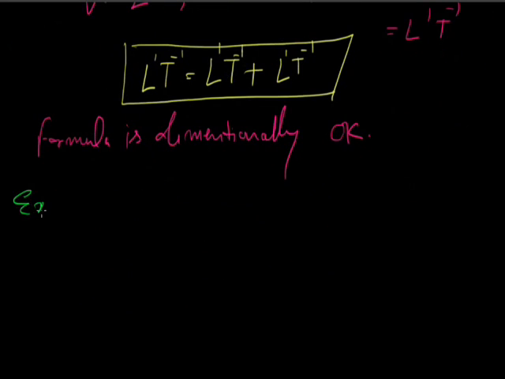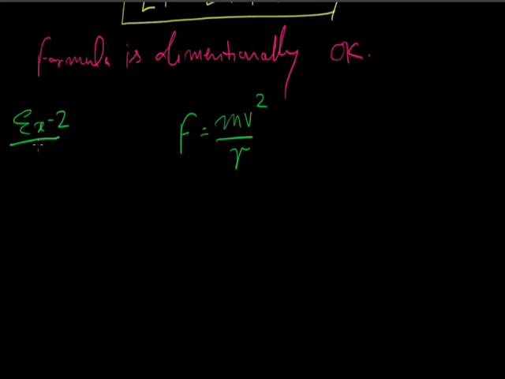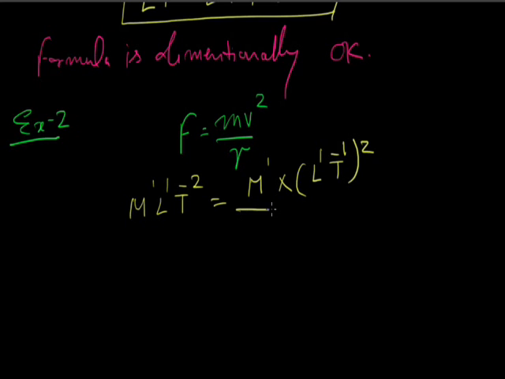Example 2: let centripetal force F is equal to mv square upon r. The dimensional formula of F is m1 L1 T minus 2. Dimension of m is m1. Dimension of velocity is L1 T minus 1 whole square.